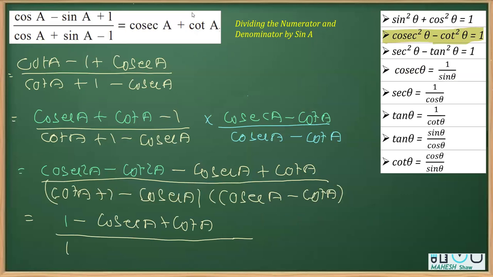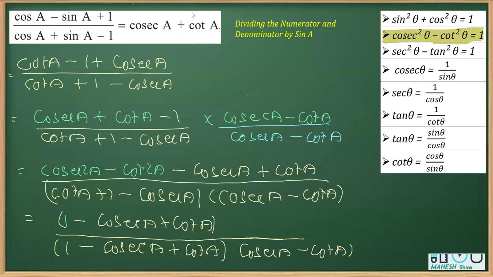So I wrote first 1, then minus cosec A, and then plus cot A, basically keeping them in a bracket, and the leftover in the denominator is cosec A minus cot A. Now we can see that this and this are the same, so they get cancelled.